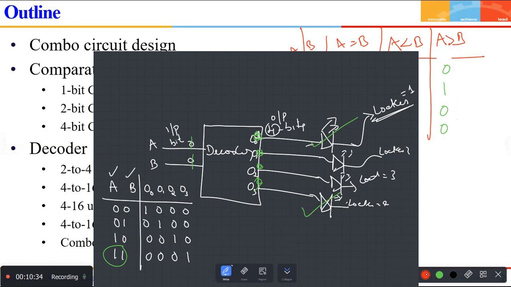So this circuit decodes your input. This is called a decoder. And always see that your decoder input-output relation will be to the power of 2. When the input is 2, the output is 4. When the input is 3, 2 to the power of 3, there are 8 outputs. When the input is 4, you will have 16 outputs.